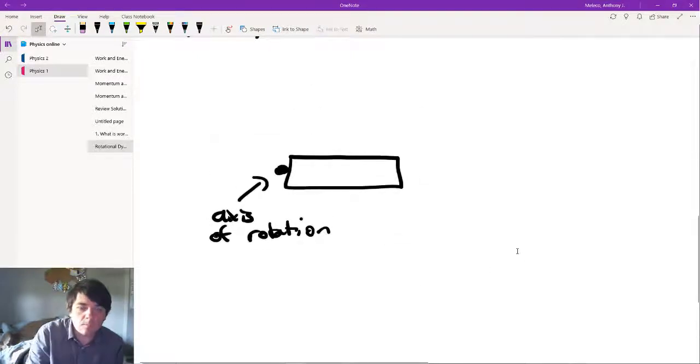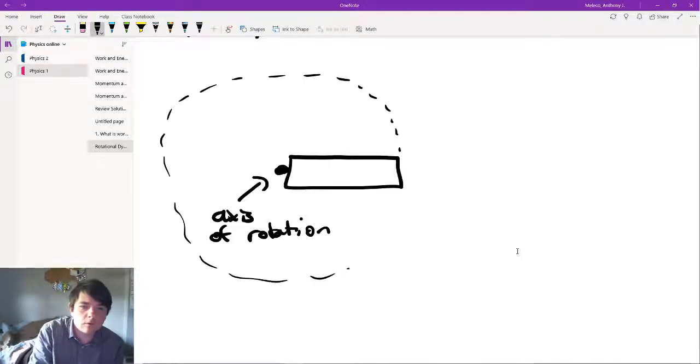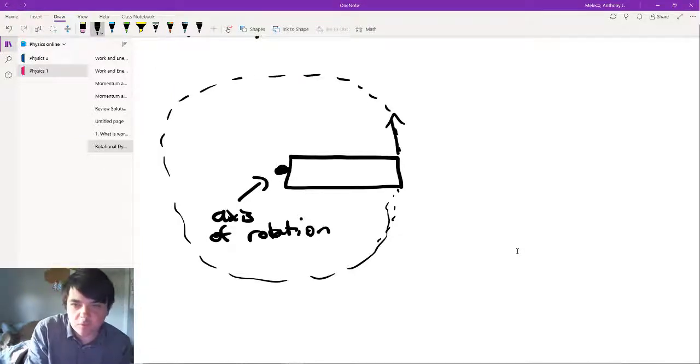So now what we can do is rotate this box about the axis of rotation. We rotate it this way, so it's going to move this way.